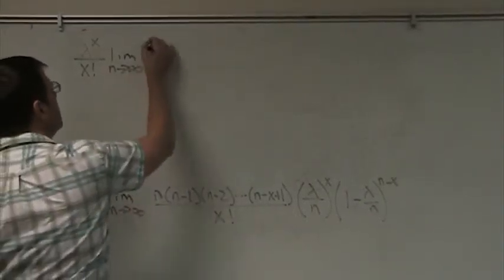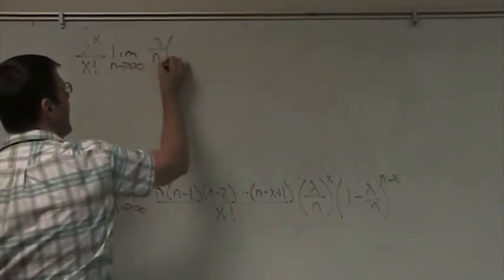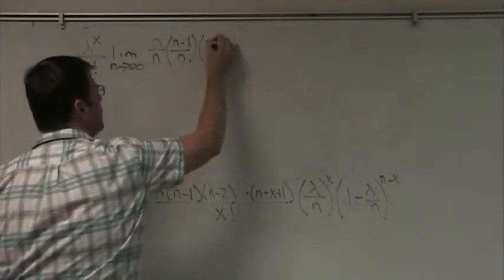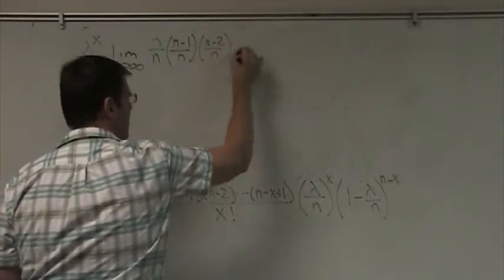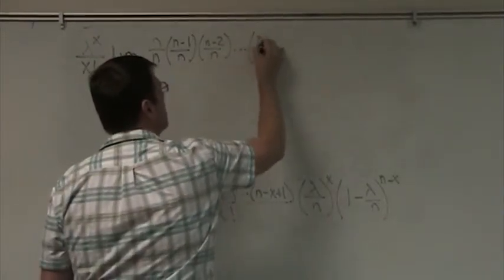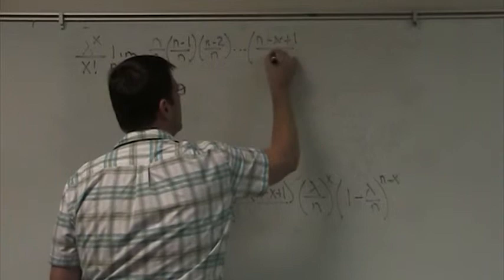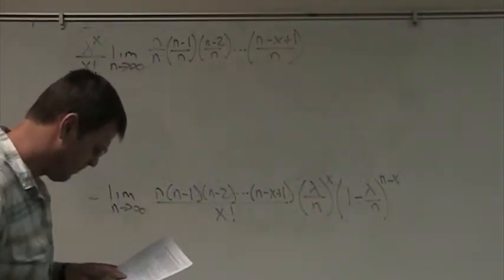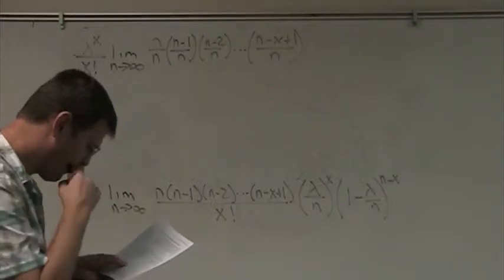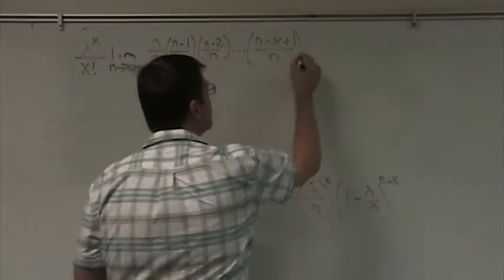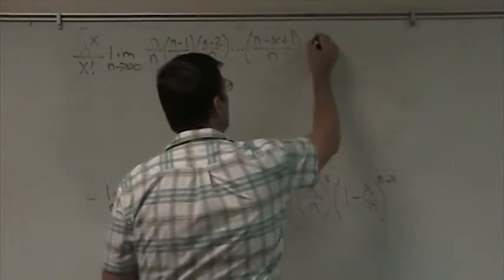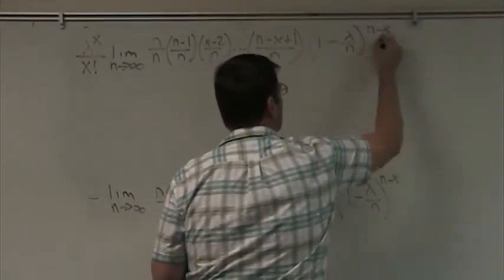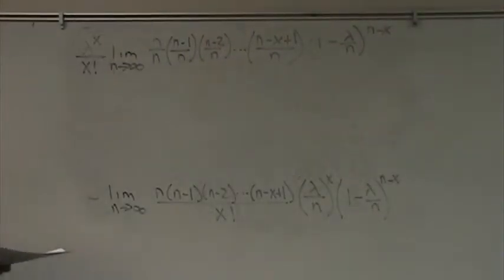So this becomes n divided by n times n minus 1 divided by n times n minus 2 divided by n, all the way through n minus x plus 1 divided by n. We still have 1 minus lambda over n to the n minus x here. We're still going to have some stuff to do with that.